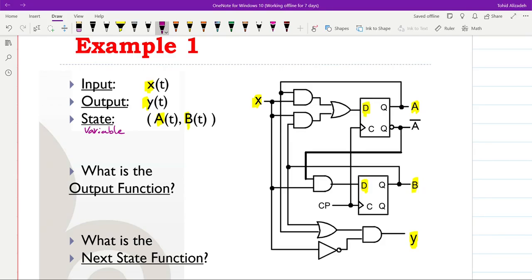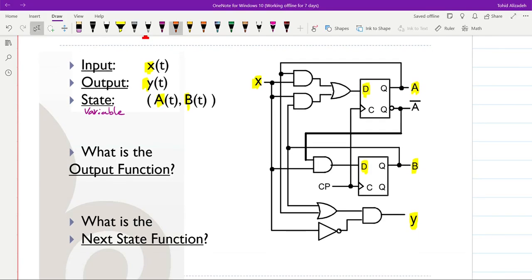Let's see what the output function will be. For the output function, we need to look at Y, the expression that we have for it. We have the AND gate here, which receives two inputs. One comes from the output of the inverter, which is connected to X, the input.